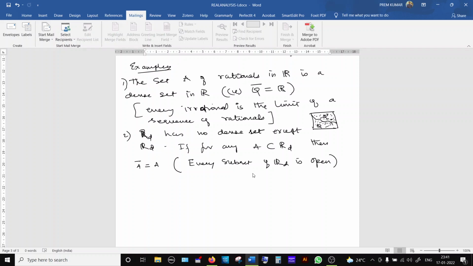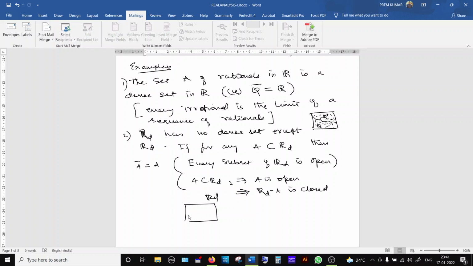So here, A, which is a subset of R_d, is open by this theorem. If A is open, another result we have proved is that the complement, R_d minus A, is closed.